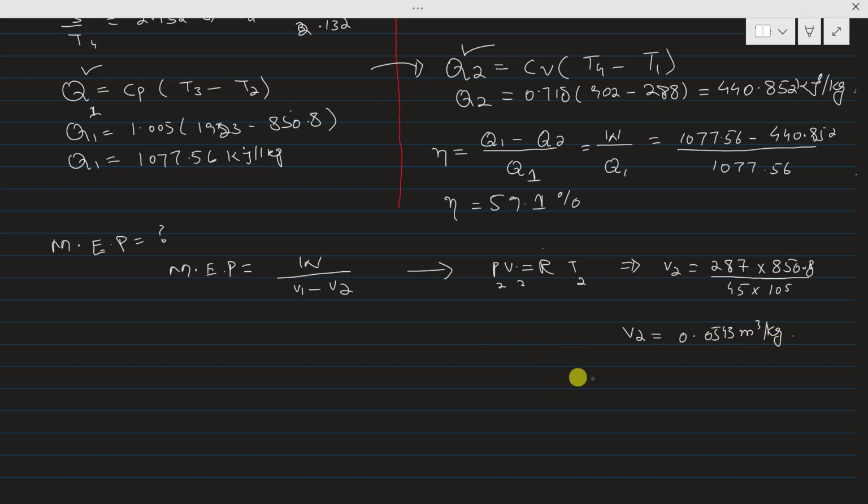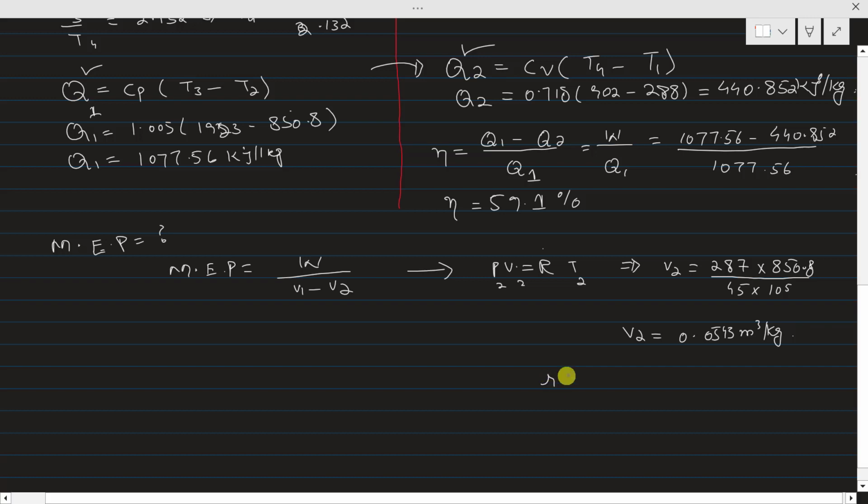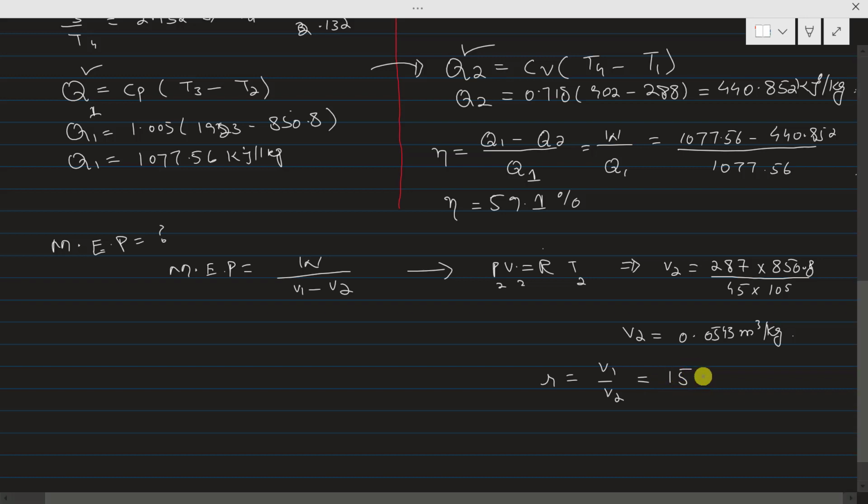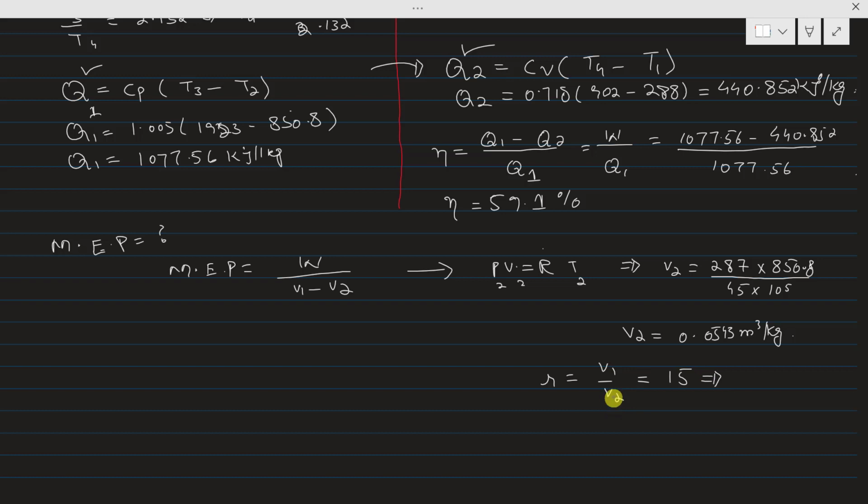Next is to find the V1 value. As we know the compression ratio, that is V1 by V2. So the compression ratio is equal to 15. Just simply multiply this compression ratio. If you multiply both sides with V2, we will find V1. So V1 is equal to 15 multiplied by V2.